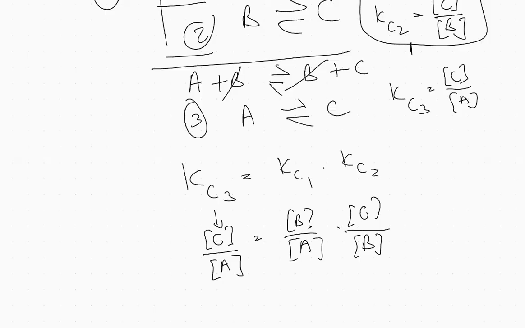So when you have two steps, you get the individual equilibrium constants and multiply them with each other, and then you get the net reaction equilibrium constant. All right, so those are the ones I want you to understand here.